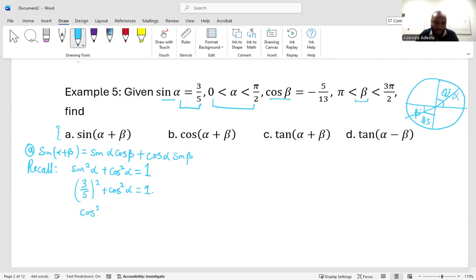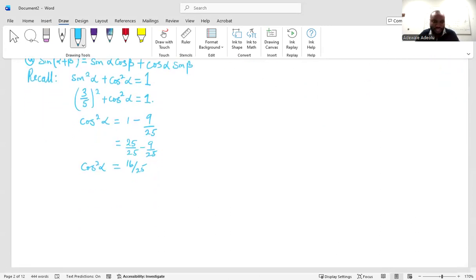So that implies that cosine squared of alpha equals 1 minus 9 over 25, which I can write as 25 over 25 minus 9 over 25, and that is 16 over 25. So that is cosine squared of alpha. And in the end, I can say cosine of alpha, taking the square root on both sides, is plus or minus 4 over 5. So that is cosine of alpha.